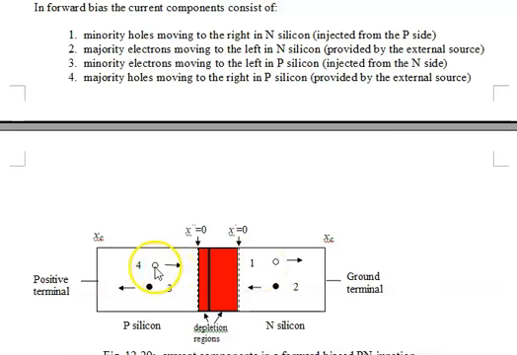The holes start here and they move into the silicon and they become minority carriers, and they can either move through without recombination, the good case, or they can recombine and die out, the bad case. So that's the first one, minority carriers moving to the right in silicon. That is a positive current.